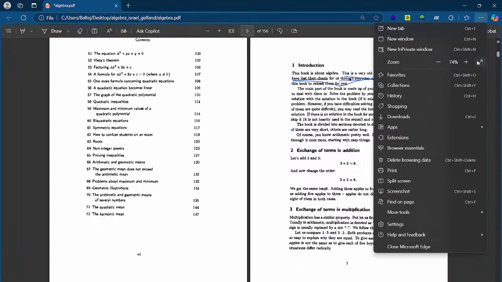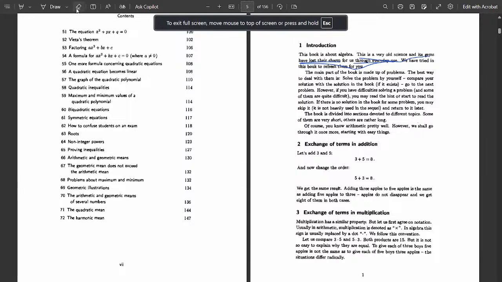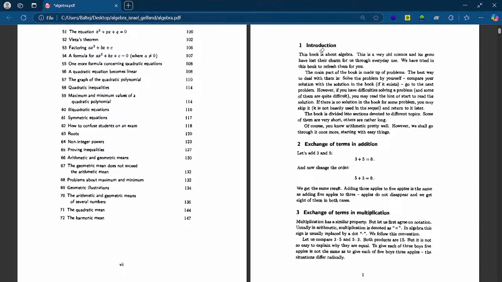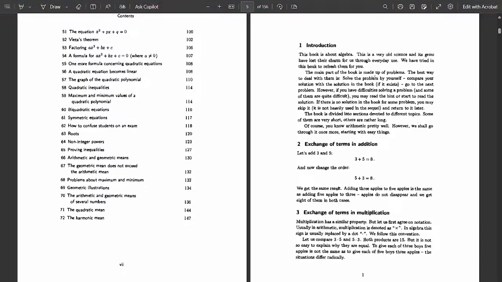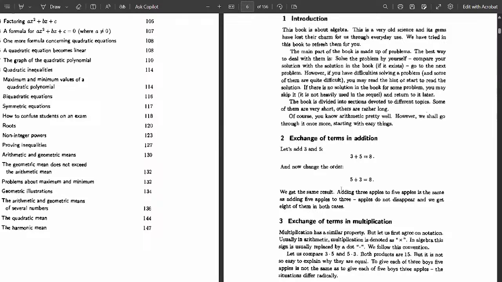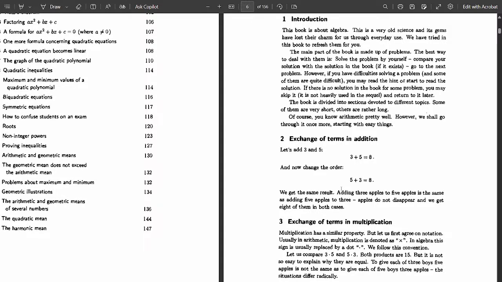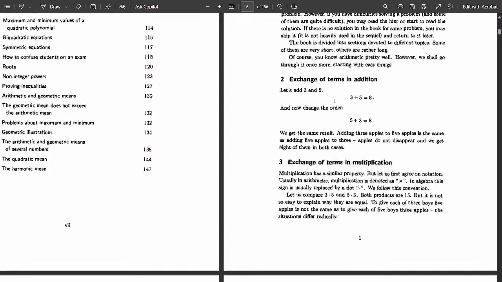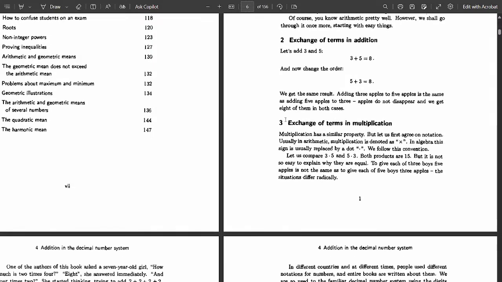It would be much better to grab paper and pen. This is like the associative law. Okay, to exchange terms of multiplication.